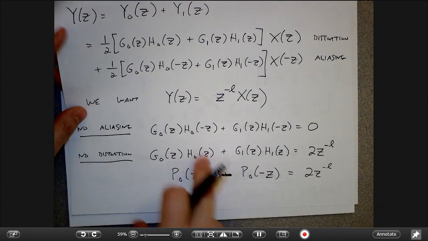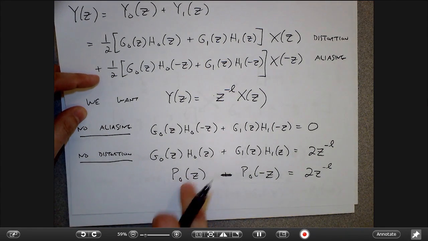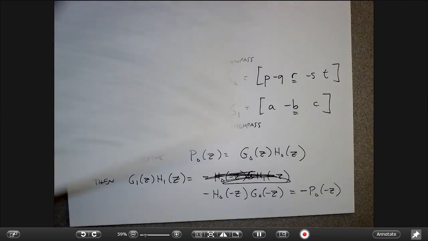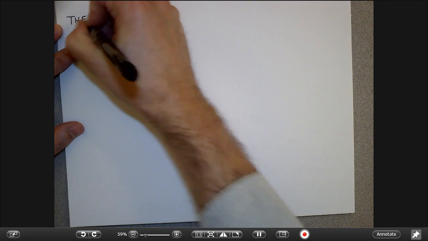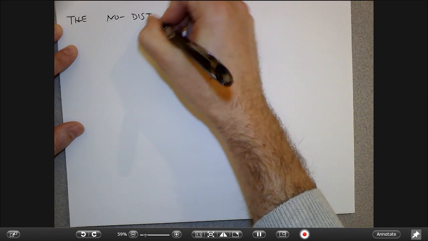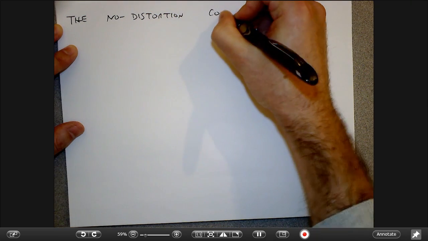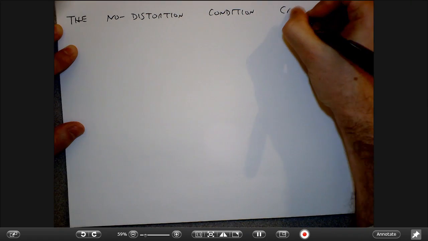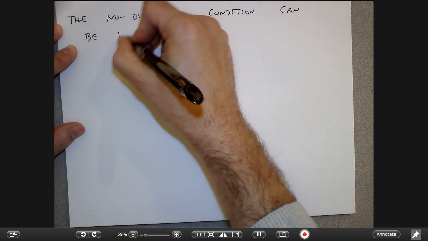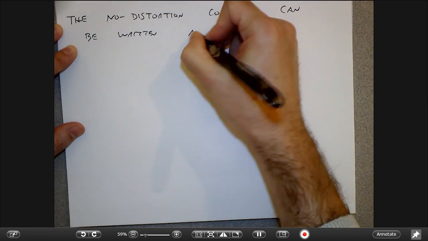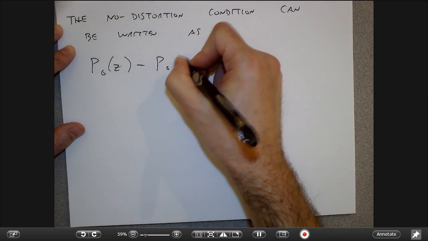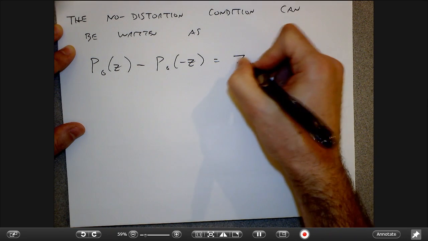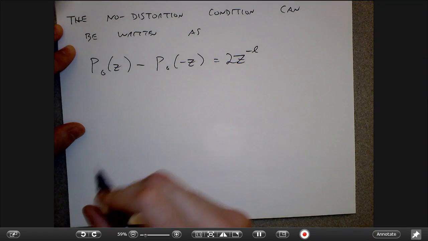So now I've kind of like subsumed the G and the H into one single filter that I have to think about. And so, let me write that again here. So the no distortion condition can be written as P0 of Z minus P0 of minus Z, like this.